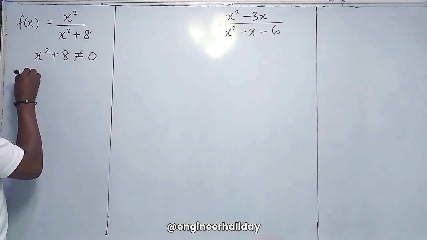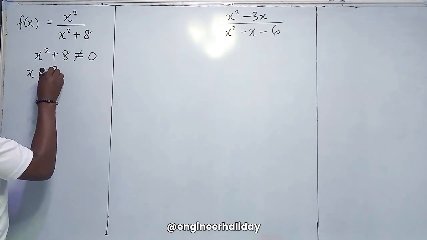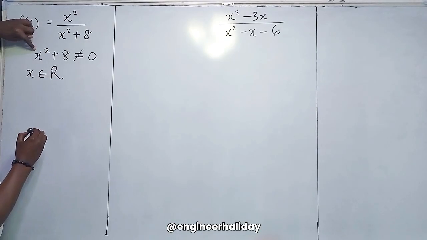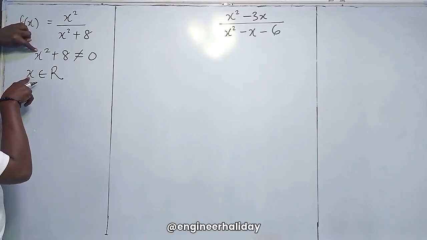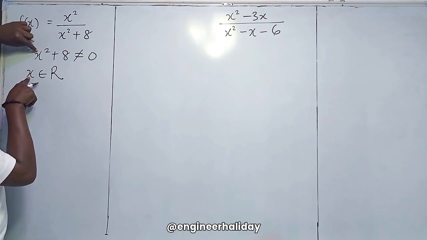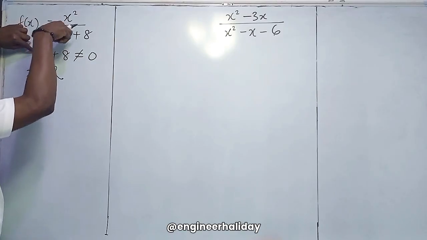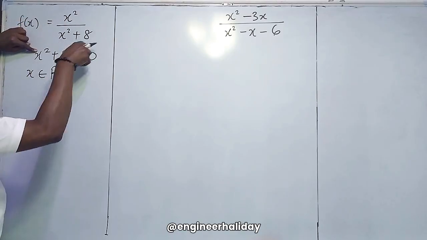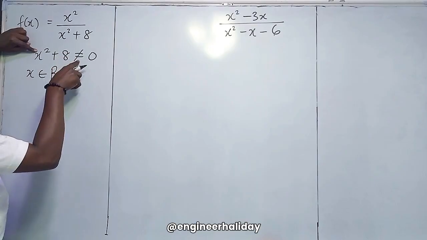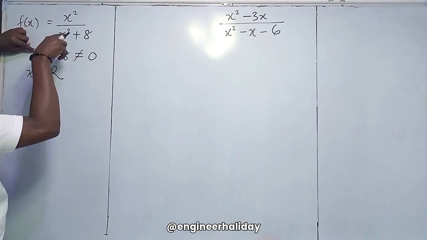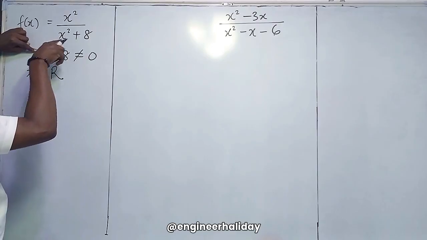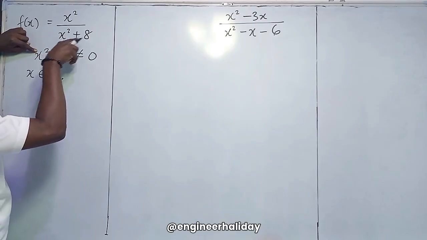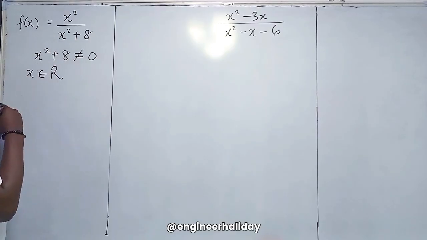Now what I'm saying is that x is an element of the real numbers in this case, meaning that to find the domain, it is the set of values of x I'm looking for, and those values of x must ensure that the denominator is not equal to 0. And if I place any real number inside this function, it will still not be equal to 0.